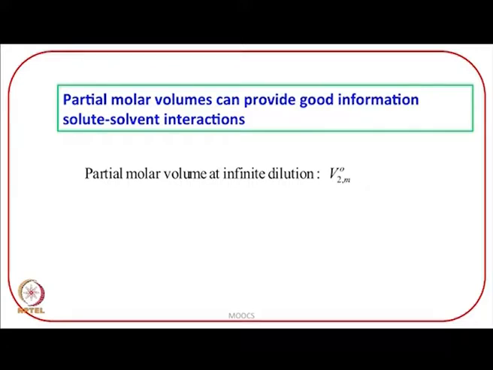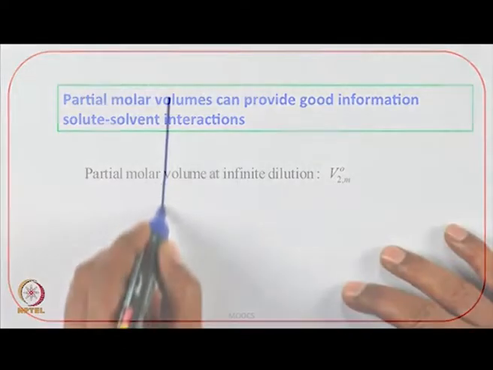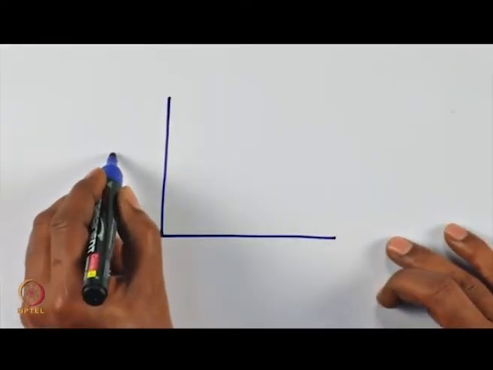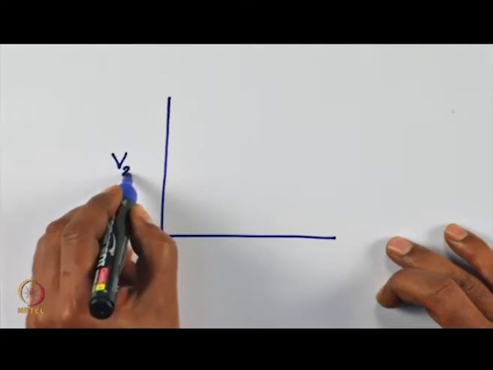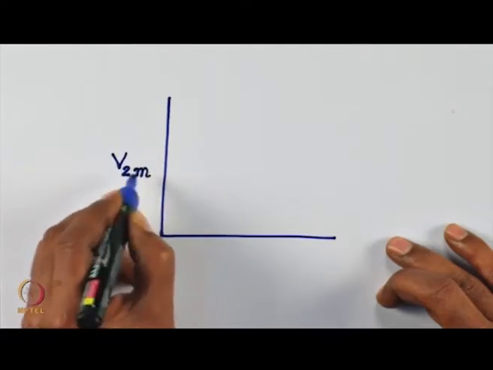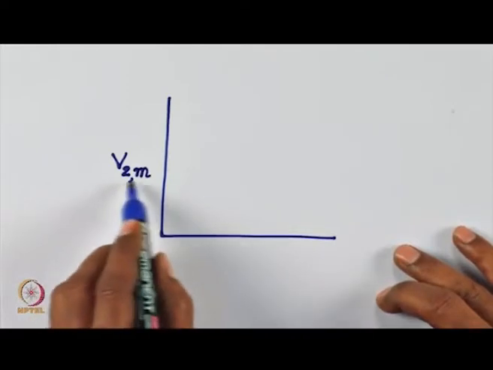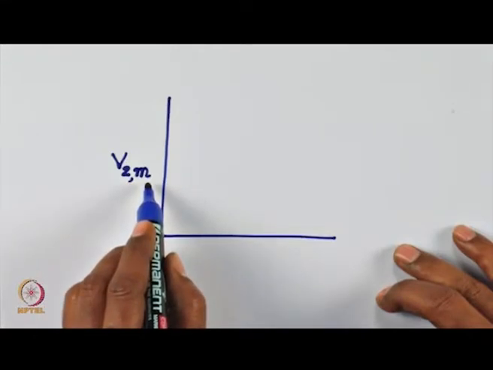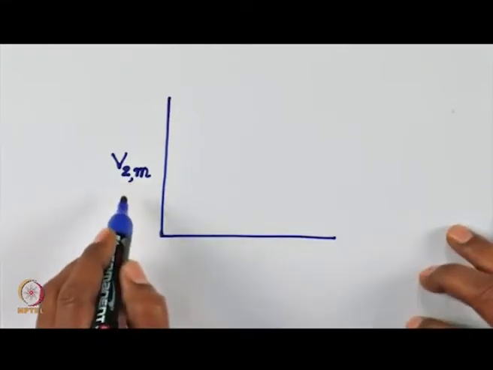Now here, what is this concept of infinite dilution properties? In literature you will see partial molar volume being written as V2M, where 2 is generally written for the solute and M denotes the molar quantity.